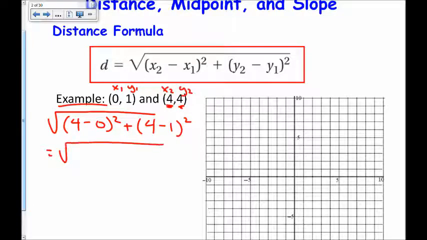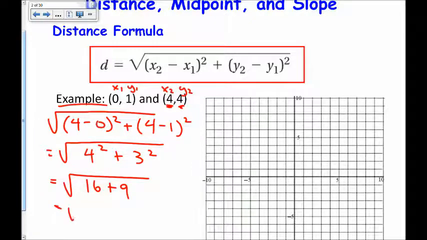That's equal to 4 minus 0 is 4 squared plus 4 minus 1 is 3 squared, or the square root of 16 plus 9, which is the square root of 25, which is equal to 5.